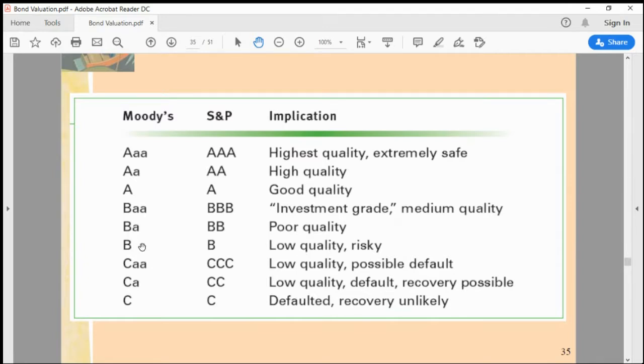See, low single B, low quality risky, and triple C, low quality possible default, right? Double C, it may be low quality, it may default, but recovery is possible. Single C, defaulted, it has already defaulted, and the recovery is unlikely, right?